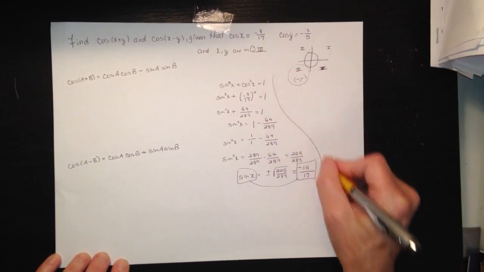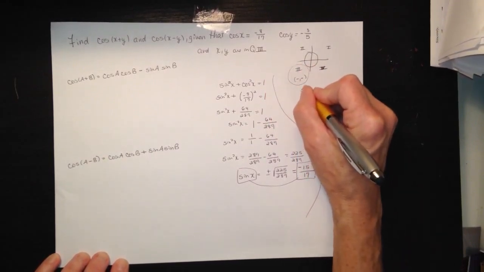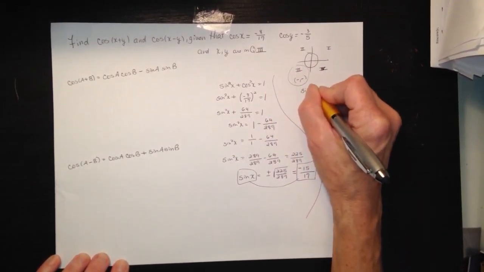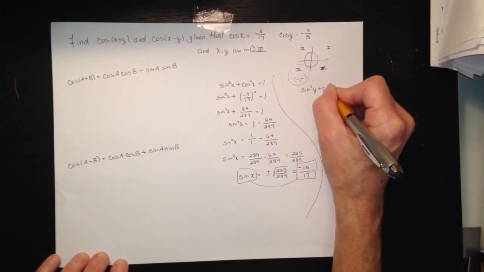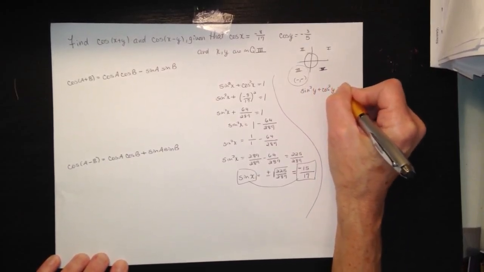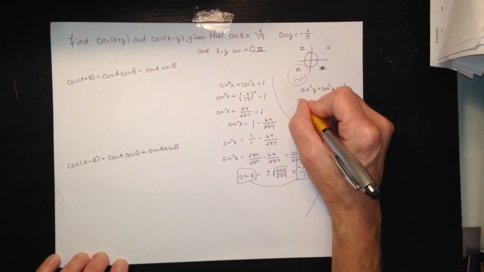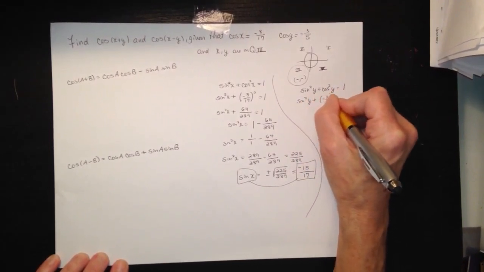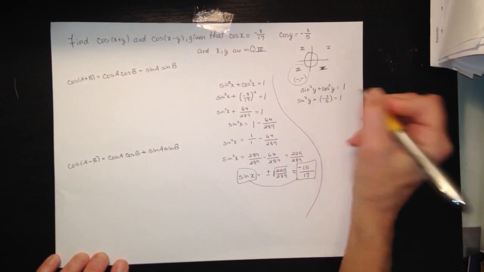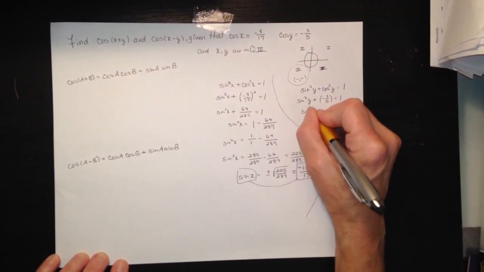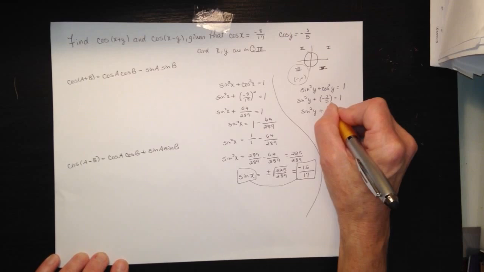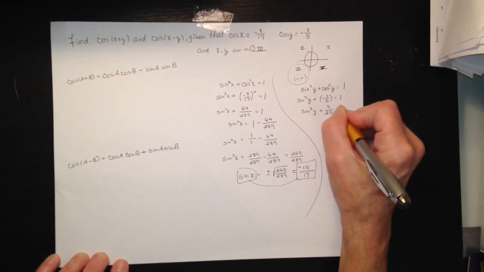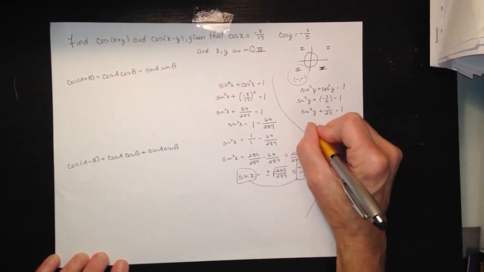I'm going to do something very similar to figure out what the sine of y is. So, right here, I'm going to start with the same identity. Sine squared of y plus the cosine squared of y is equal to 1. Sine squared of y plus negative 3 over 5 squared is equal to 1. Sine squared of y plus 9 over 25 is equal to 1.